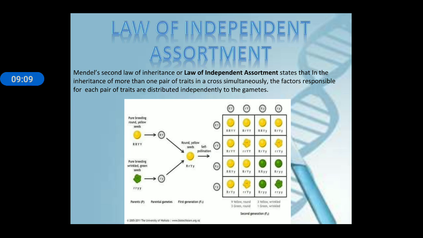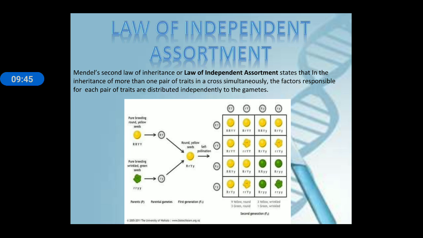You can see in the table two characters chosen simultaneously for a cross: seed shape and seed color. Shape is round and wrinkled. Color is yellow and green. Round is dominant over wrinkled and yellow is dominant over green. So round is represented as capital R, wrinkled as small r, yellow as capital Y, which is dominant, and green as recessive, small y.